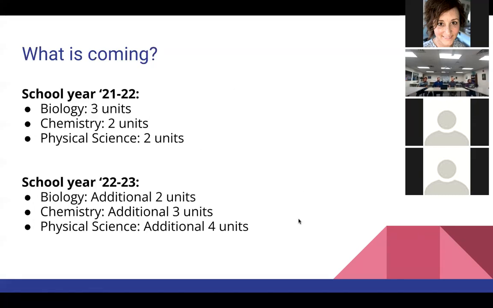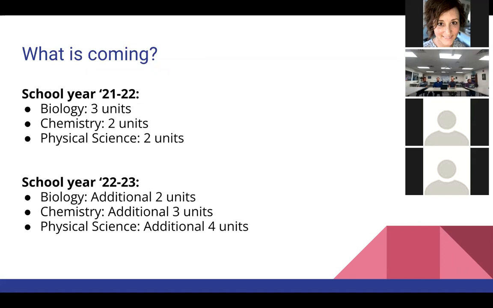Just to wrap up, as Mr. Moats said, biology is going to have 3 of these Open Sci Ed units, this different type of, more in-depth learning. This year, chemistry has 2 and physical science has 2. With biology, first semester will have 1 of these units, second semester will have 2. Chemistry is 1 and 1, physical science is 1 and 1.